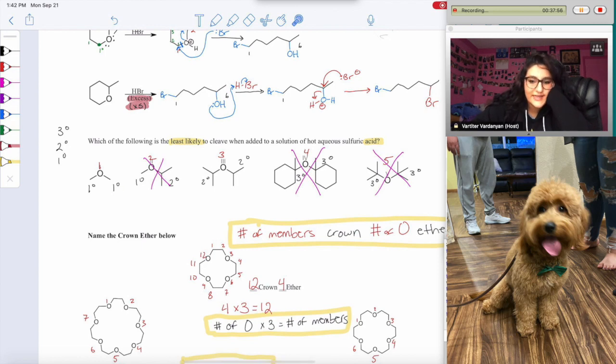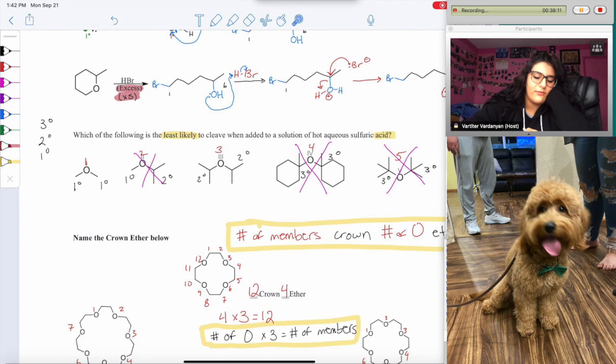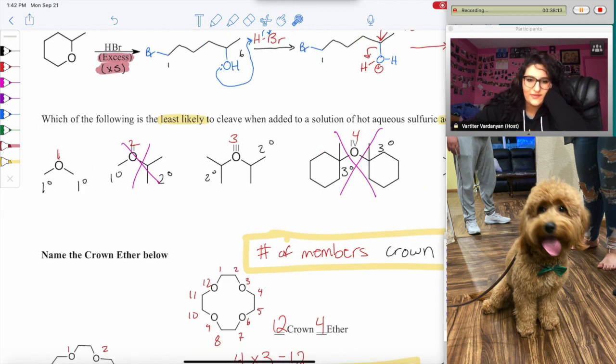The order is 3, 1, 2. However, this does not actually matter for that order. I am not entirely sure why, but when we're talking about most to least likely to cleave, we're actually just going to follow the order 3, 2, 1 because we're going to form a carbocation, and the most stable is going to be tertiary, then secondary, then primary.